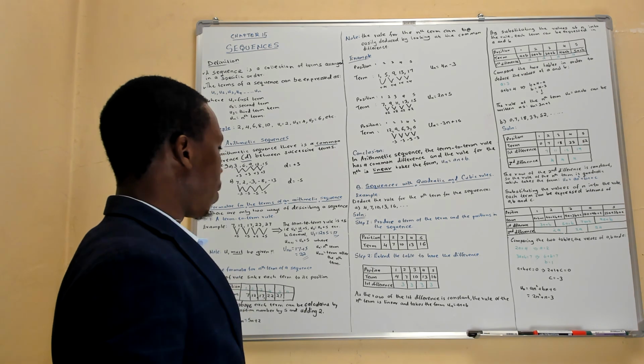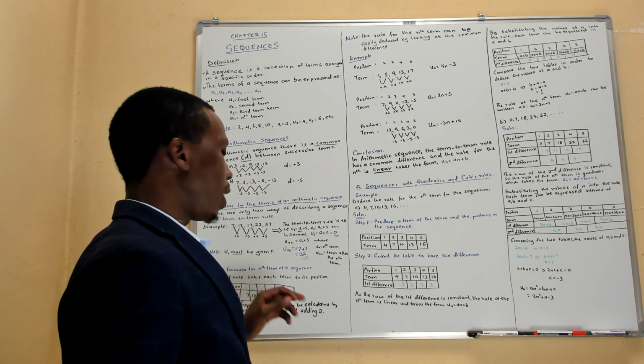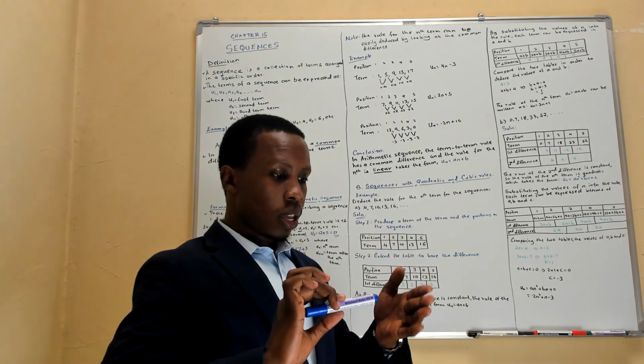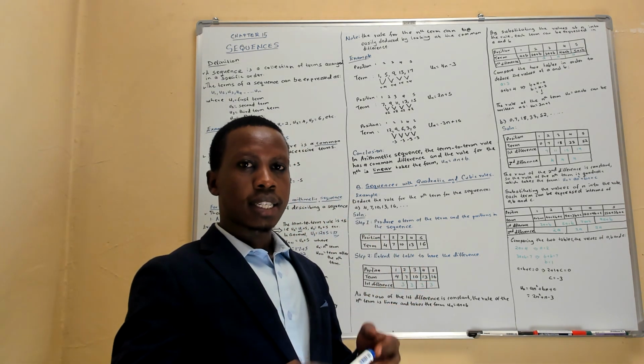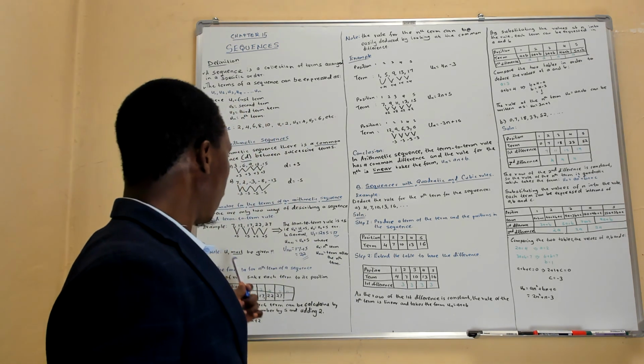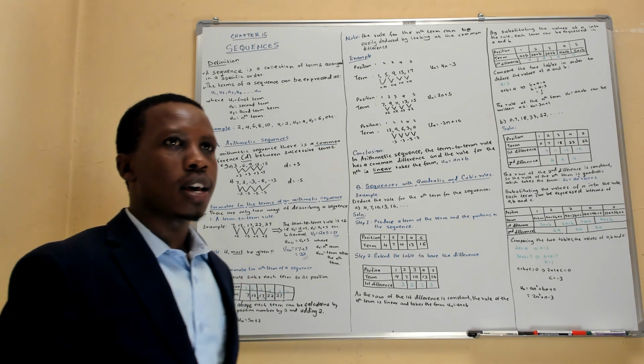And it is also important to note that in a scenario whereby you are asked to list the successive terms of a sequence, you must be given the first value.